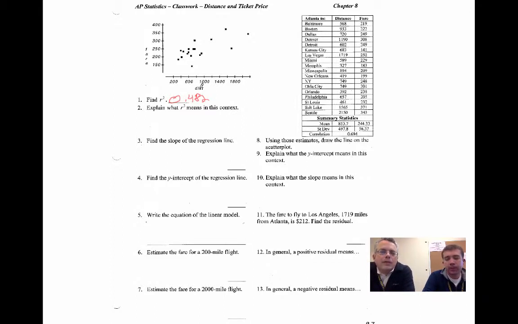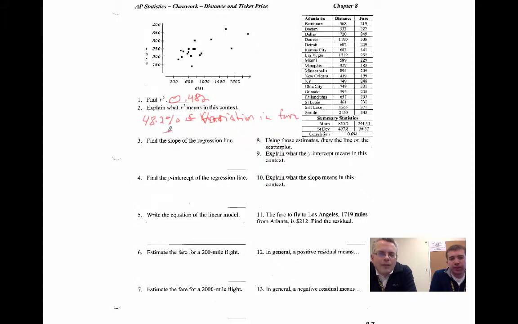So when it says explain what R squared means in this context, well, take a look. The response variable is fare, and we're using distance to explain the variation in fare.